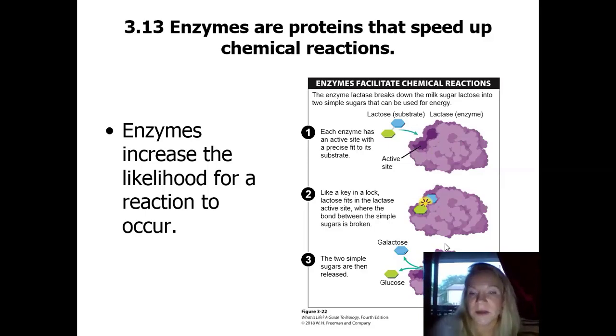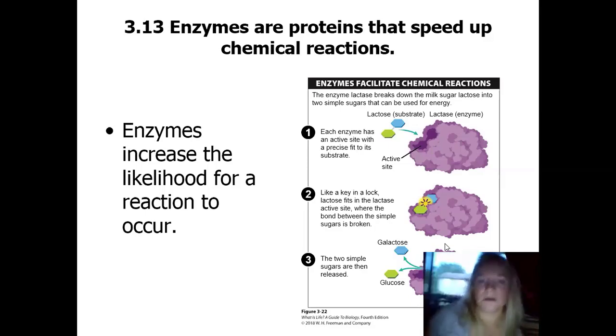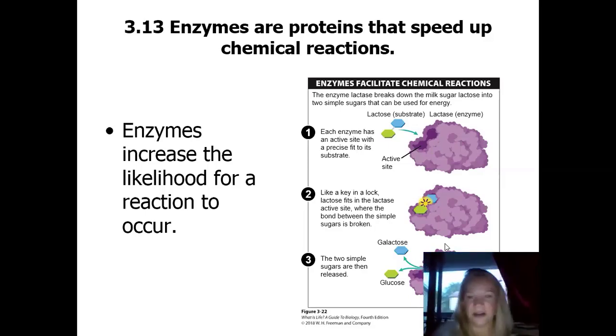So it lowers the amount of energy you have to put in. And that's what enzymes do. It lowers the amount of energy that a metabolic process in our body has to use. Another thing I like to say is if you've ever been skiing, you have a ski lift. The ski lift is kind of like the enzyme.